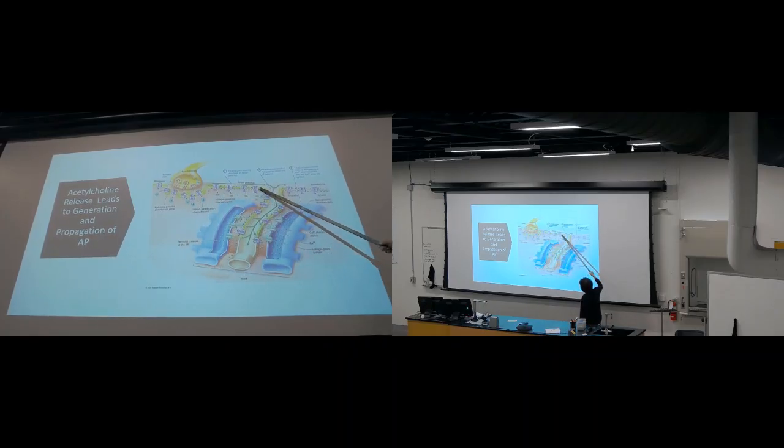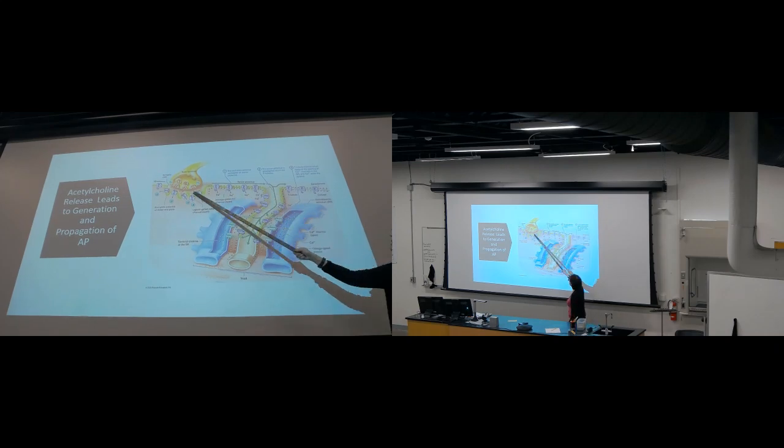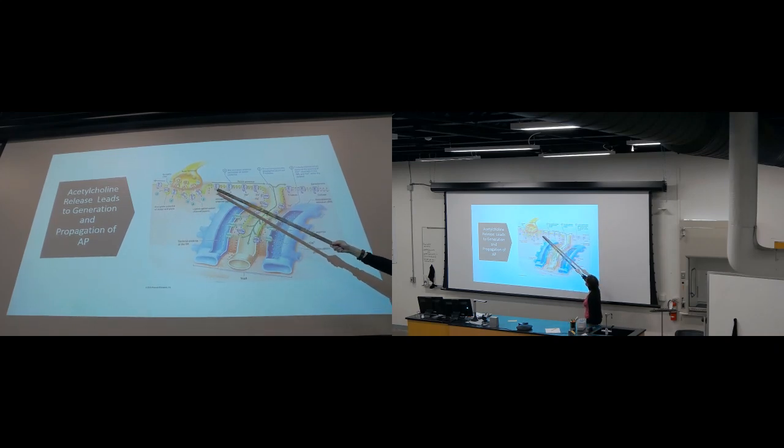So this is the sarcolemma. It will have more sodium channels, more sodium channels open, sodium rushes in. This area becomes depolarized, and then this one starts to repolarize, and this one starts to repolarize, and then you will have the propagation along the surface of the cell in the sarcolemma.